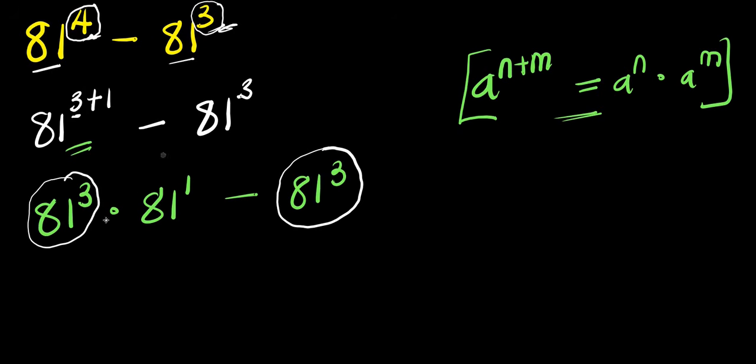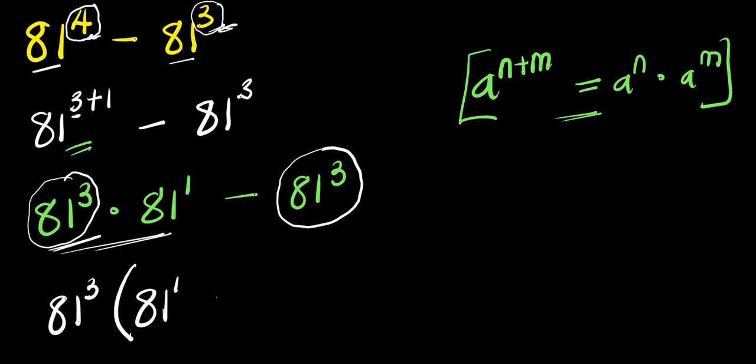So what I'm going to do is to factor out 81 to the power of 3. We have 81 to the power of 3 times this divided by 81 to the power of 3, so we are going to have 81 to the power of 1 minus 81 to the power of 3 divided by 81 to the power of 3, which is 1.